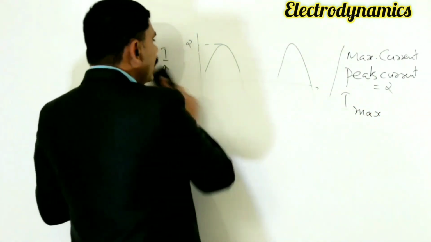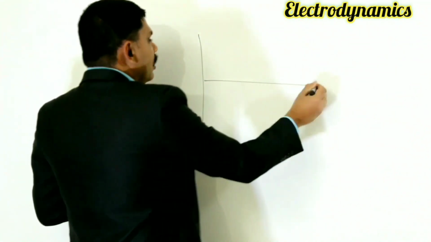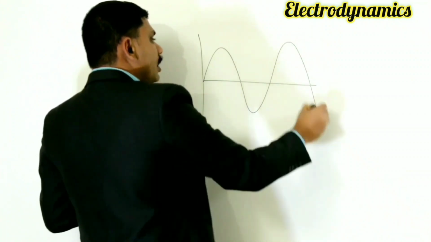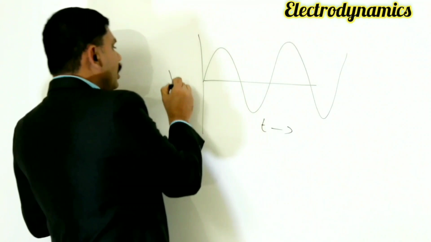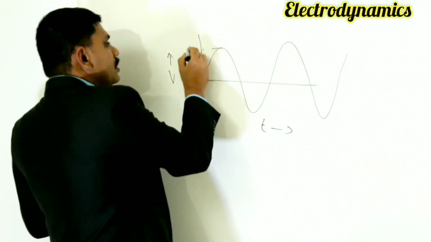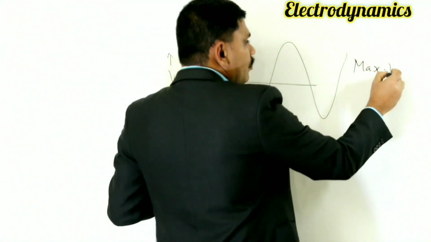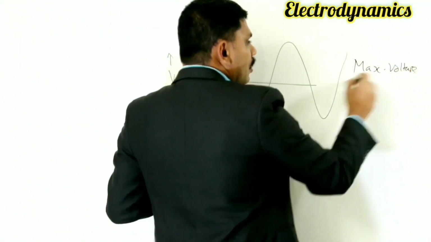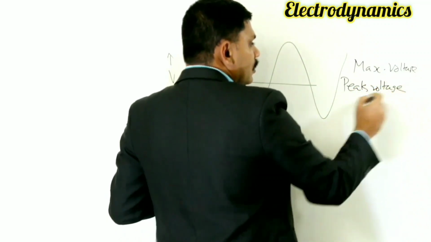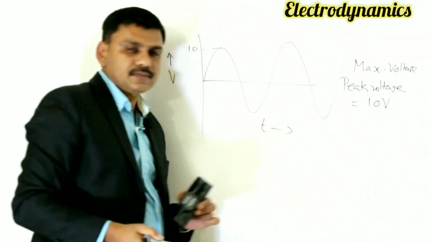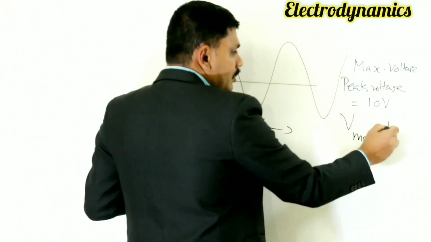Then, if I draw an alternating voltage with the same wave diagram, this is time and this is voltage. For example, this is 10. The maximum voltage, or peak voltage, is 10 volts. It is represented by Vmax.